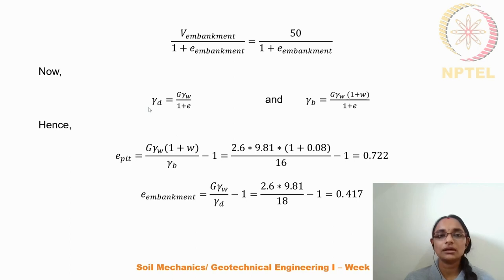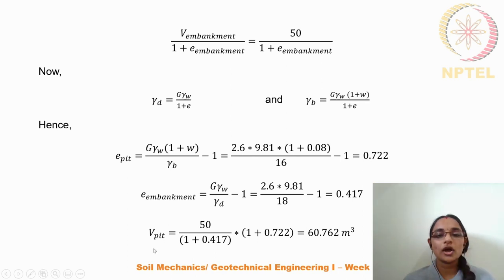So back substituting in the volume equation, volume of the soil to be excavated from the pit is equal to 50 by 1 plus 0.417 into 1 plus 0.722, that is, volume of embankment by 1 plus e embankment into 1 plus e pit, which is equal to 60.762 meter cube. That is, we need to excavate a total volume of 60.762 meter cube in order to make an embankment of 50 meter cube.